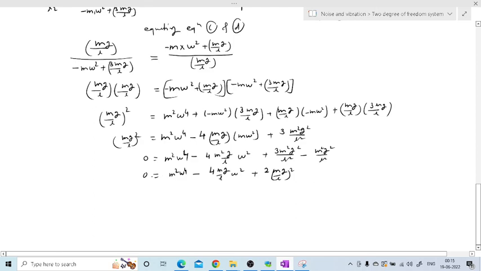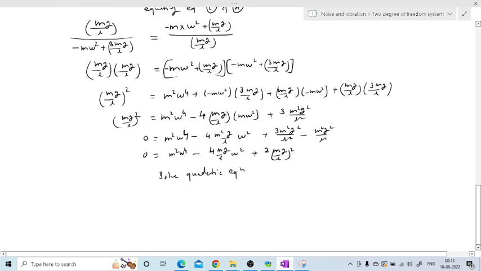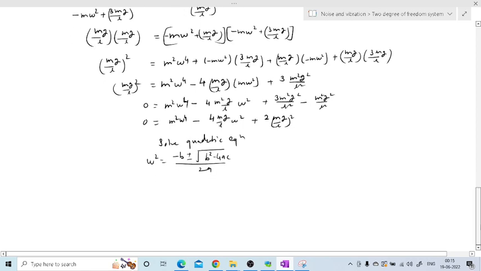So we can solve the equation by solving the quadratic equation. So how to solve this quadratic equation? Omega square will be equal to minus b plus minus root b square minus 4ac divided by 2a. So what will be the value of b?